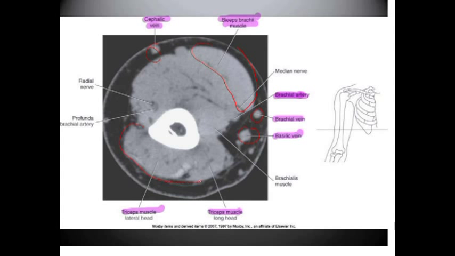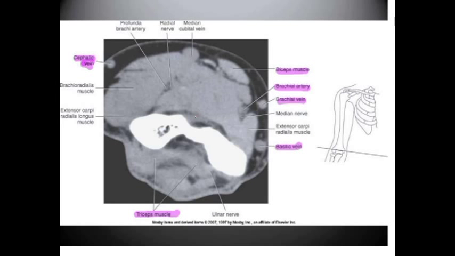We have the triceps making up the most inferior portion, and then it would be safe to say that we have the brachialis muscle comprising the majority here.